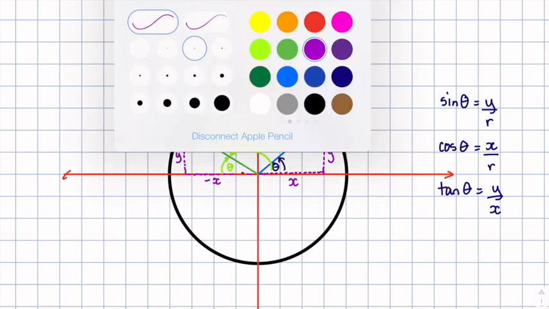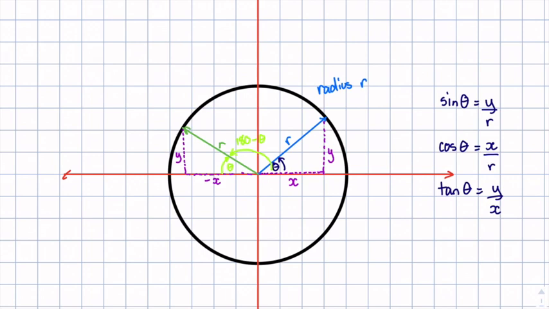So here, sine of the new angle, 180 take theta, equals y over r, which is the exact same as sine theta, yeah?